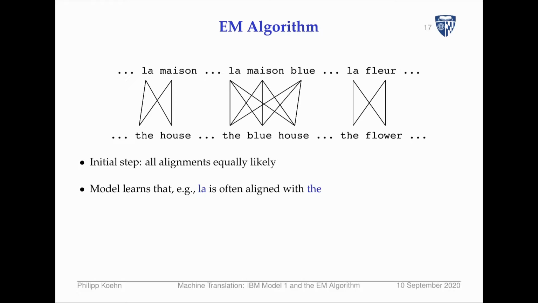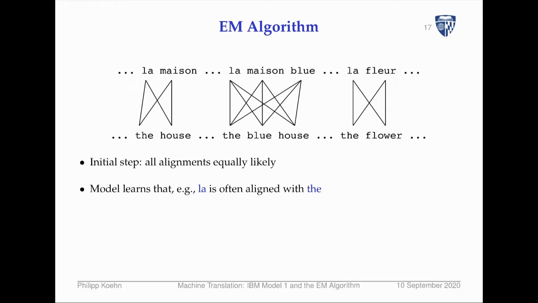So the might be generated with the same probability from maison as it is from la or from bleu or from fleur and so on. We're not going to put any kind of prior knowledge into this. So everything is equally likely.